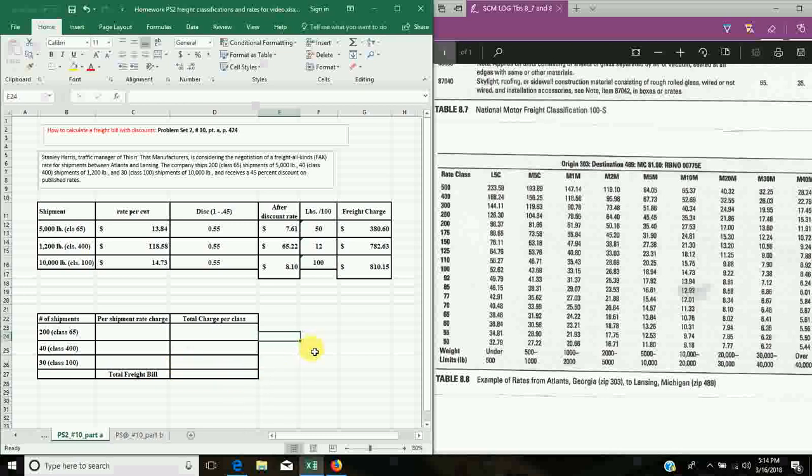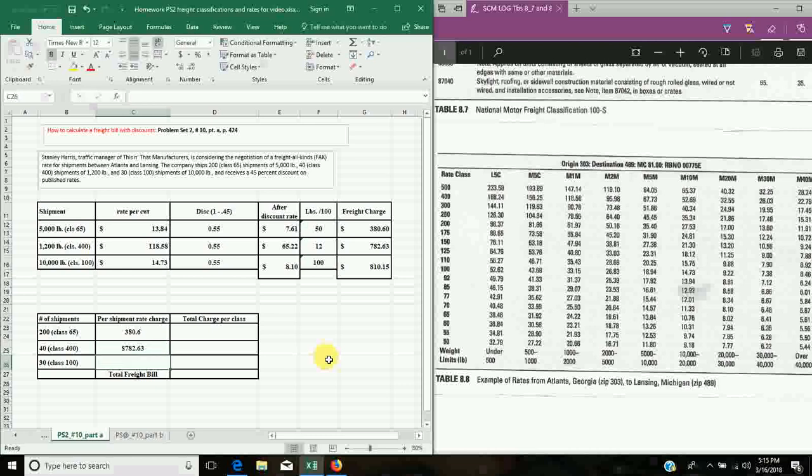So what we're going to do is put in the per shipment rate charge for the Class 65 here, and we have that right here. I could just simply do that, or I'm just going to put it in again, 380.6. We have the Class 400 freight rate charge of 782.63.